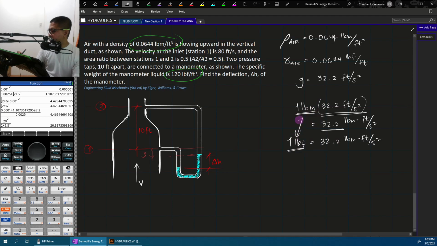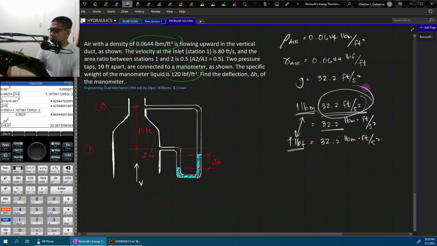So, we see that pound mass is just equal to pound force, again, as long as the gravitational acceleration at that specific location is our standard 32.2. If we are somewhere else, let's say on the moon, 1 pound mass will not have the same numerical value when converted to pound force, because the gravitational acceleration there is different.